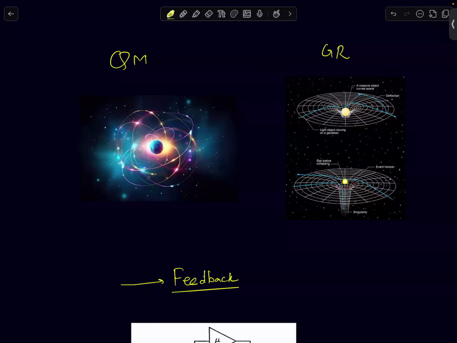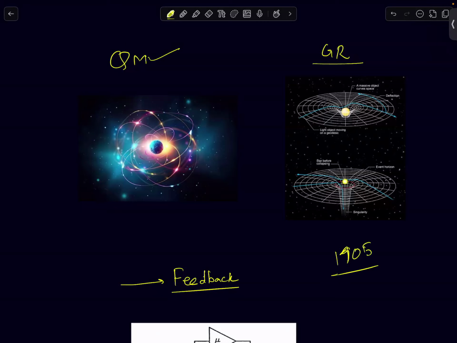So generally, when we talk about the 20th century, we talk about the two major scientific ideas of the 20th century, quantum mechanics and the theory of relativity. The special theory of relativity was written by Einstein in mid 1905, around that time.